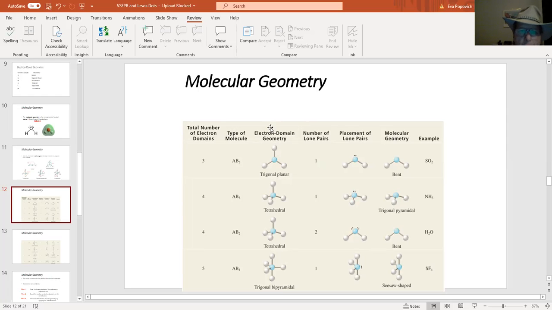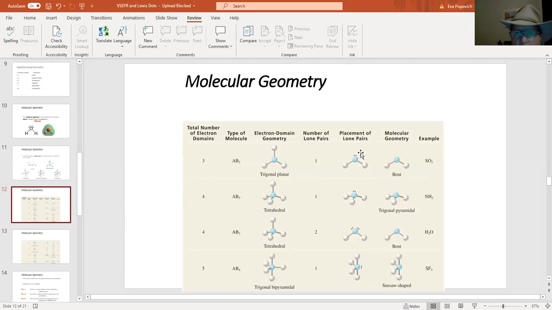But if I have a trigonal planar molecule and I replace one of the atoms with a lone pair, a couple of things happen. One of which is I can't see the upper part here. That's got electrons in it. All I can see is this atom, the white atom, going to the blue atom, going back to the white atom. The shape becomes bent. The other interesting thing is this electron pair is more powerful than the bonding pairs.